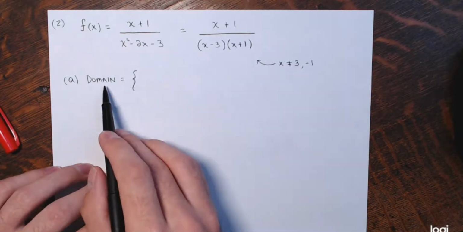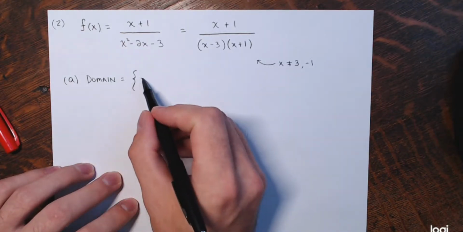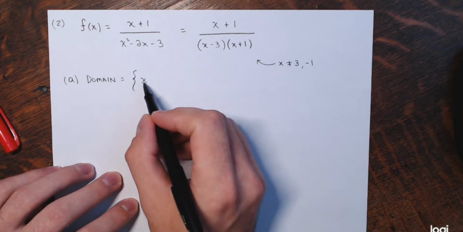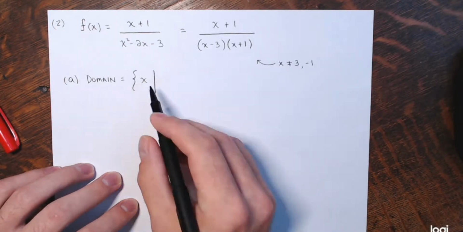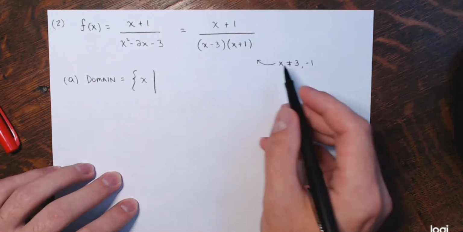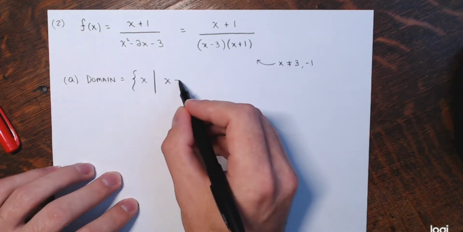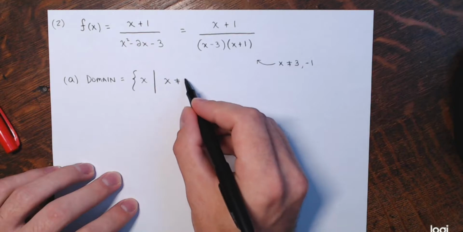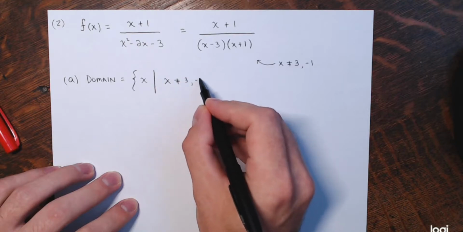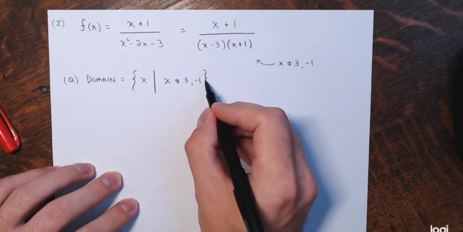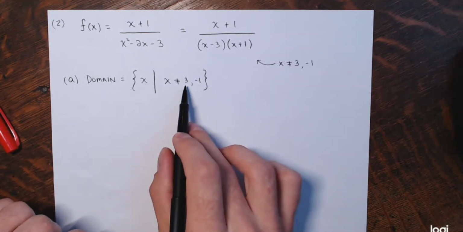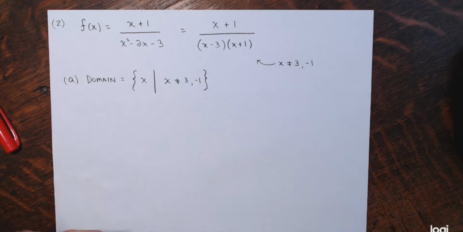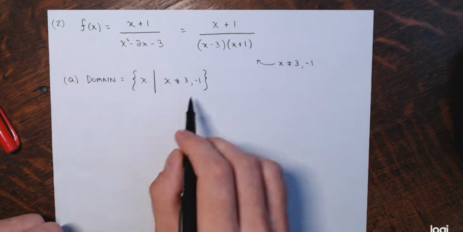The domain is any value of x I wish, such that, as long as x is not positive 3 or not -1 either. It can't be either of those. So there's one way to describe the domain.